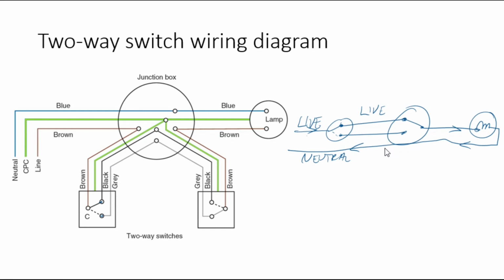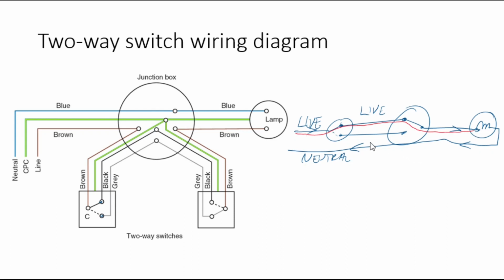So what now we would find is that you could then have two possible paths. So the first path would be through here, here, here, and to the lamp.